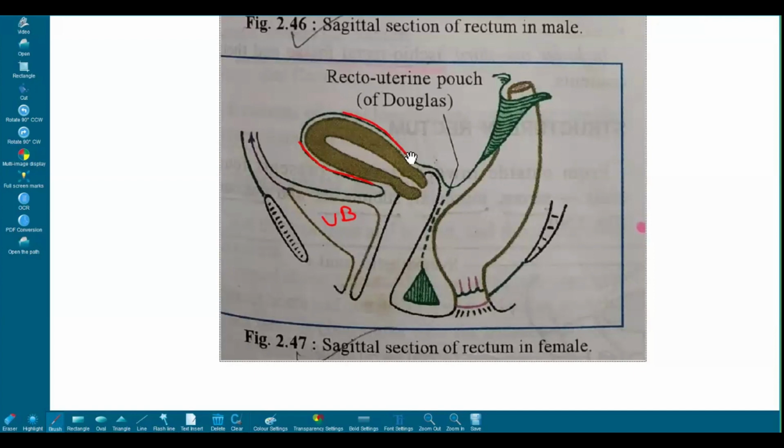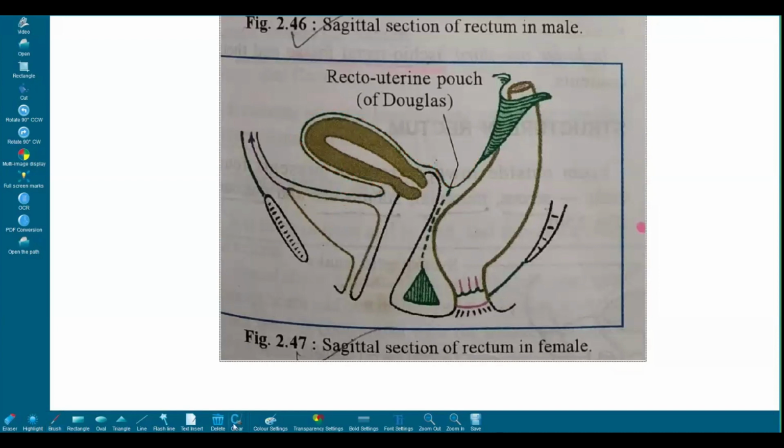Now talking about the peritoneal reflection, we have already seen the peritoneal reflection when talking about the rectum, that the middle one-third part bends like this over some portion of the vagina and then continues on the posterior surface of the uterus, and then continues on the anterior surface of the uterus up to the isthmus. When you reach the isthmus, it bends forwards and moves onto the upper surface of the urinary bladder.